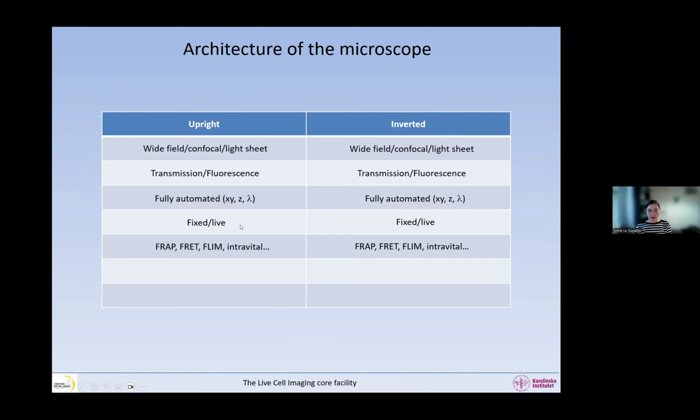You can use fixed or live samples, and you can do all these specialized techniques. However, the upright is best to image the top of fixed samples, and the inverted is best for everything else. One of the main issues with having an upright microscope is that you have no hardware autofocus, and we will talk about hardware autofocus later. Whereas on an inverted, you can have a hardware autofocus. It's very useful.